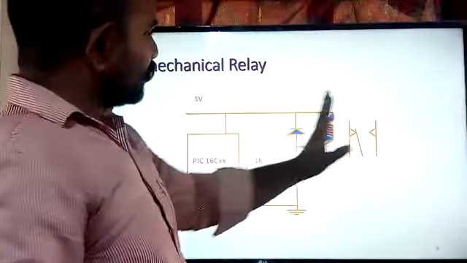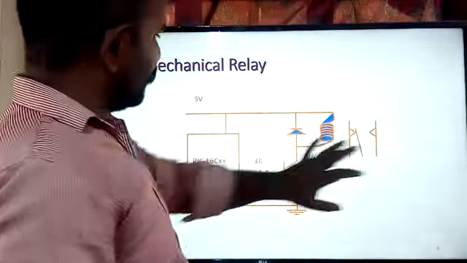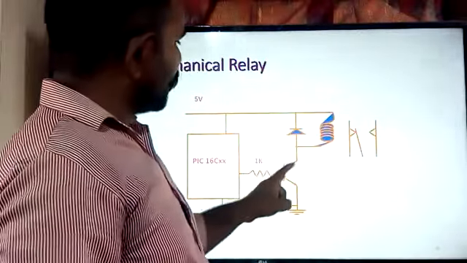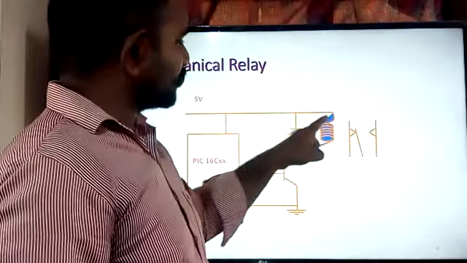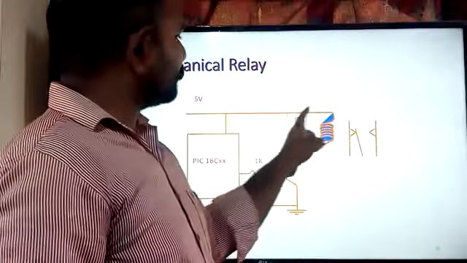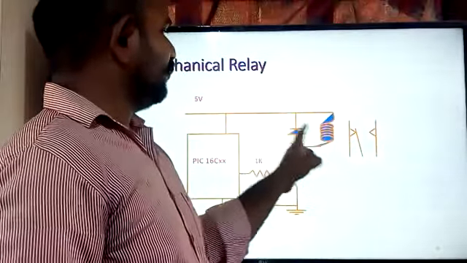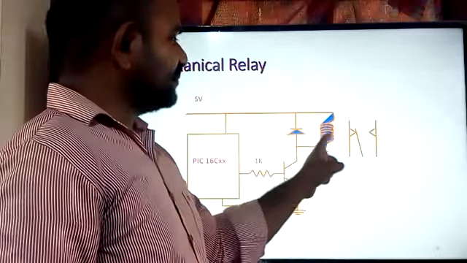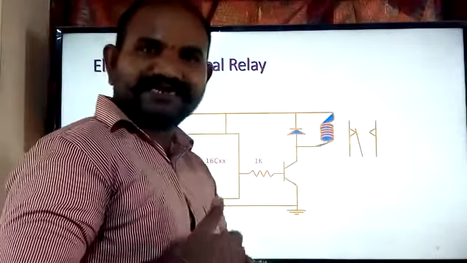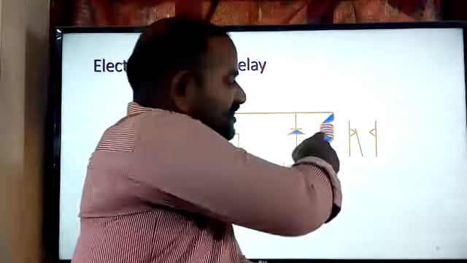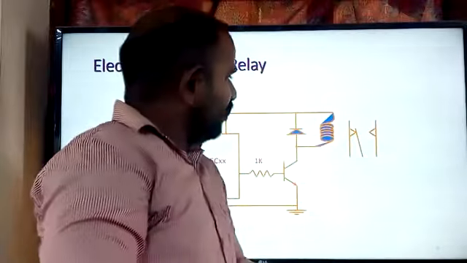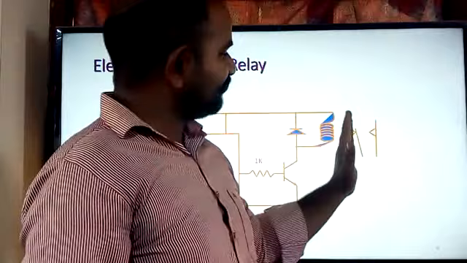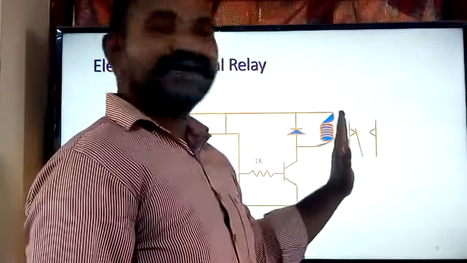When you would like to control this device using the microcontroller, as we are using the relay, you are supposed to energize this particular coil. When current passes through this coil, it generates an electromagnetic field. When this coil generates the electromagnetic field, an induced EMF is developed in one terminal of the relay.